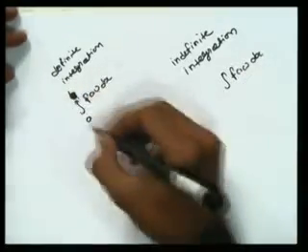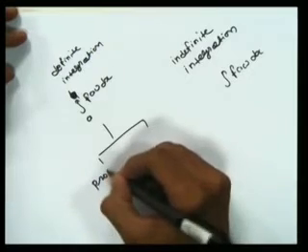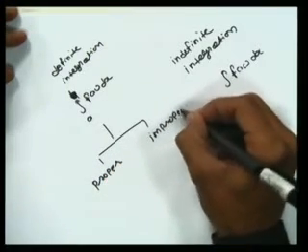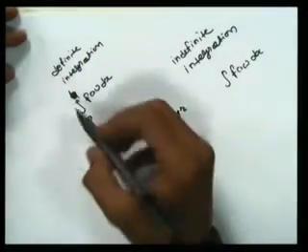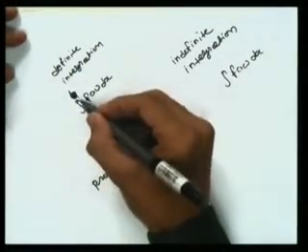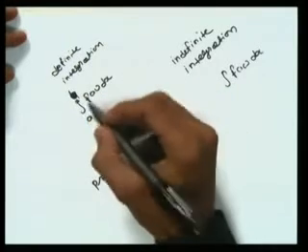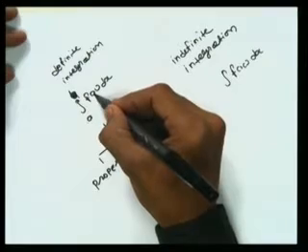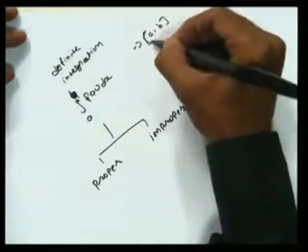Again, this definite integration has 2 parts, proper integral and improper integral. This is a proper integral if a and b are finite numbers as well as function f of x is continuous inside the closed interval a to b.